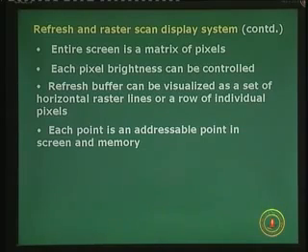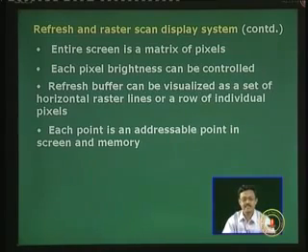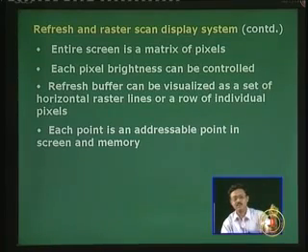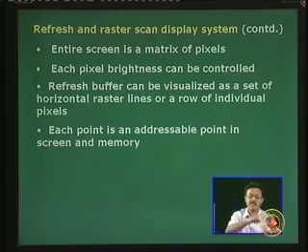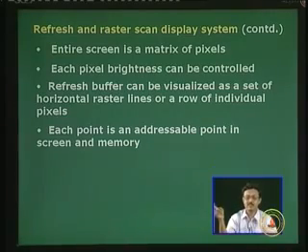In memory, you can also define a chunk of memory which stores the values of the matrix of pixels, and you access that particular addressable point in memory, and the contents are then transferred to the point on the screen.